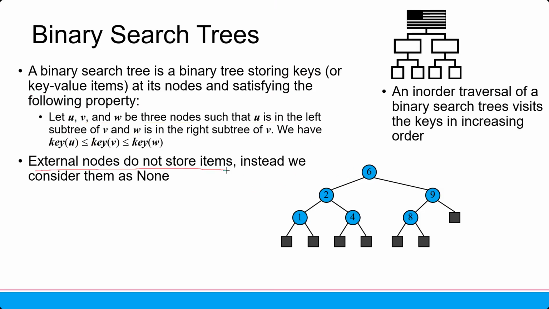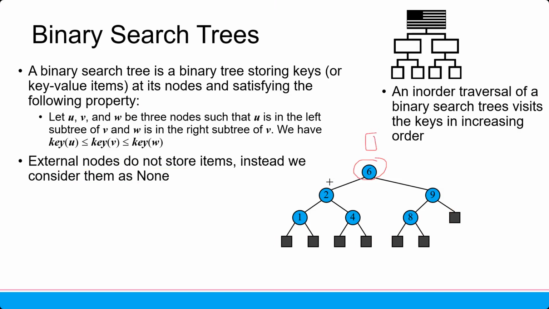External nodes do not store items. Instead, we consider them as null nodes. If you still remember on the tree, we have the external node. This is the external node. So if we want to put it as a tree, we will do something like this. This is an example. Let's say we have 6.